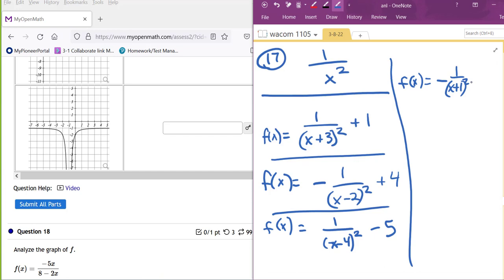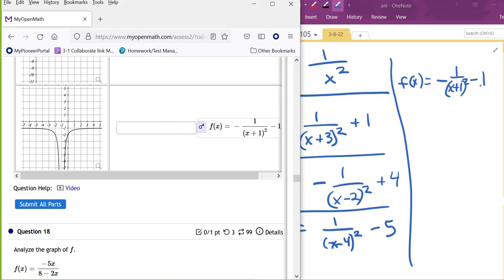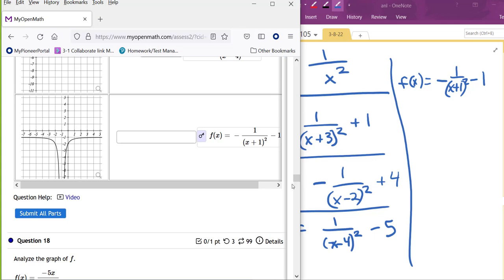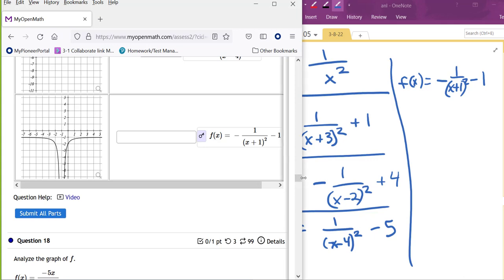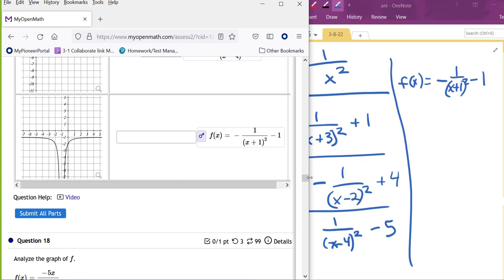And it has moved down 1 unit because now your horizontal asymptote is y equals negative 1. So it has moved down 1. Sorry, I was trying to get that so you could see the whole thing. There you go. So that was 17.